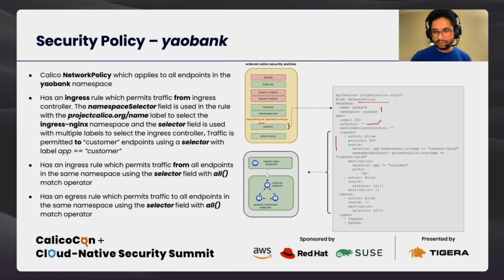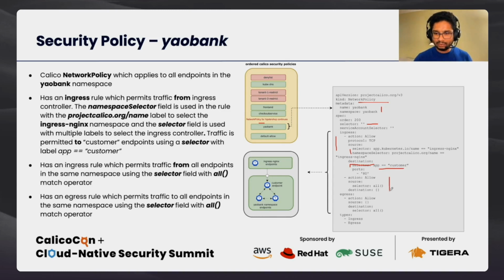If you look at the ingress rule, very similar to some of the ingress rules we looked at previously, we're using the namespace selector and the endpoint selector to select the Nginx ingress controller. However, this particular rule also has a destination field, and the destination for the ingress rule is the customer endpoints.